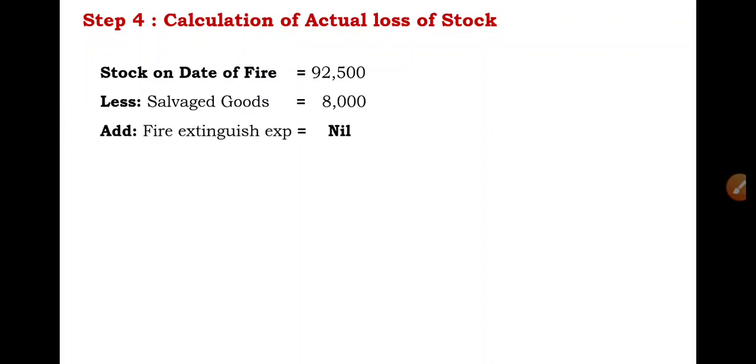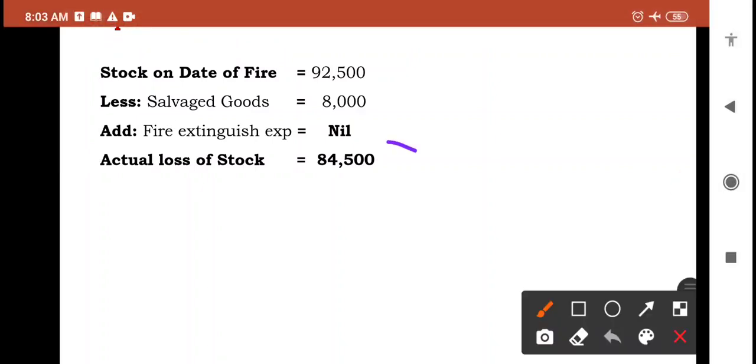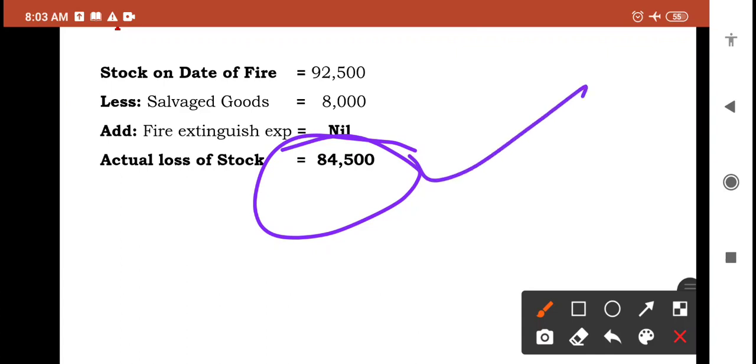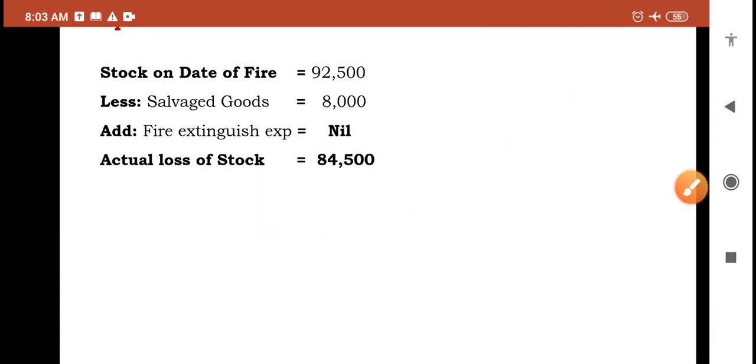Next, fire extinguishing expenses should be added back, but they are not given, so we have mentioned nil. Then you will get actual loss of stock. 92,500 minus 8,000, we got 84,500 as the actual loss of stock.